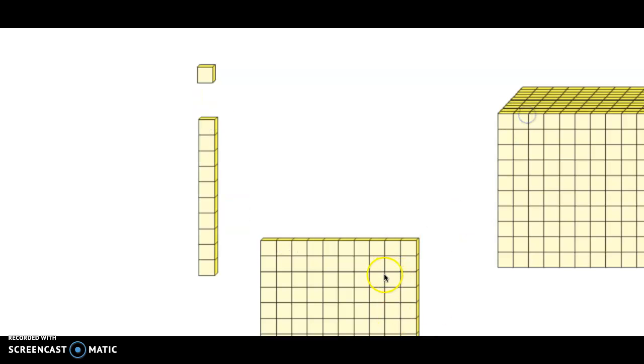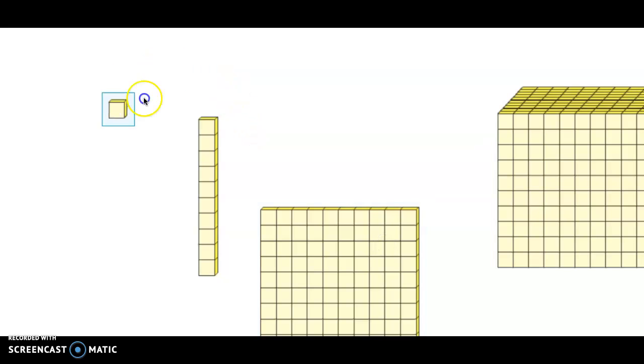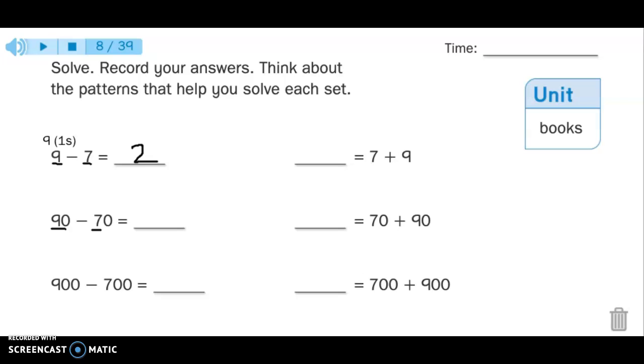Not sticks. Stick with me for a second. Here we go. Remember how we have the ones, the tens, the hundreds, and the thousands? Think about 9 as 9 ones, 9 little cubes. Thanks for sticking with me.